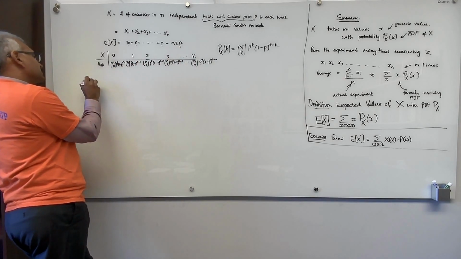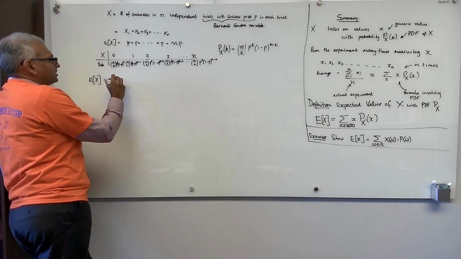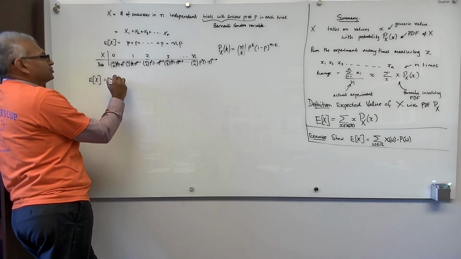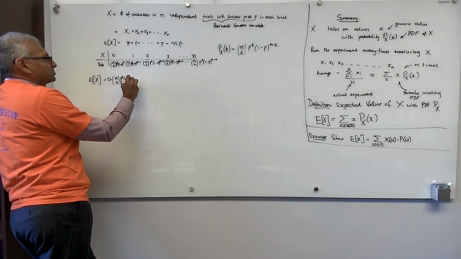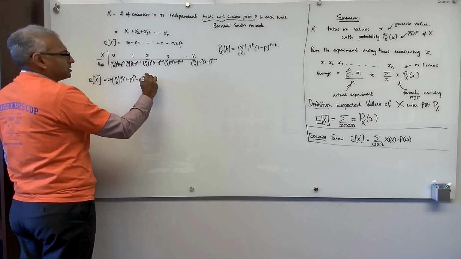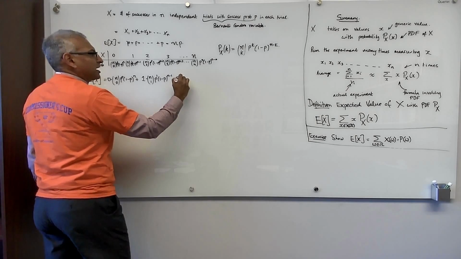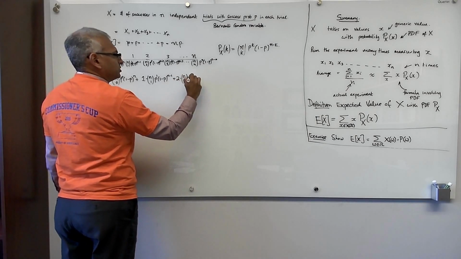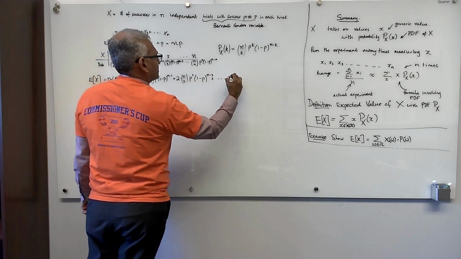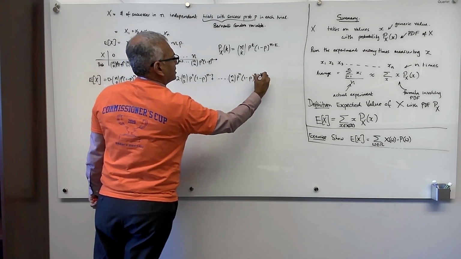So we have the expected value of x is equal to 0 times n choose 0, p to the 0, 1 minus p to the n, plus 1 times n choose 1, p to the 1, 1 minus p to the n minus 1, plus 2 times n choose 2, p to the 2, 1 minus p to the n minus 2, plus n times n choose n, p to the n, 1 minus p to the n minus n.